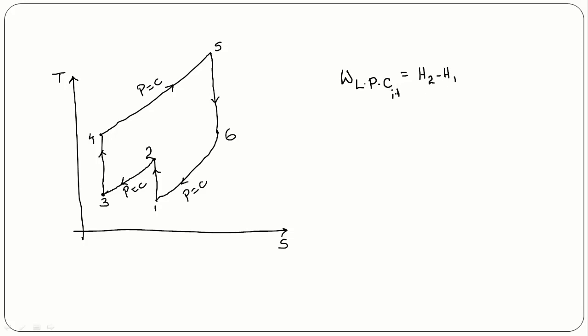Then the ideal work input to the high pressure compressor will be H4 minus H3. Then the ideal work developed by the turbine will be H5 minus H6. So this is the work developed by the turbine.